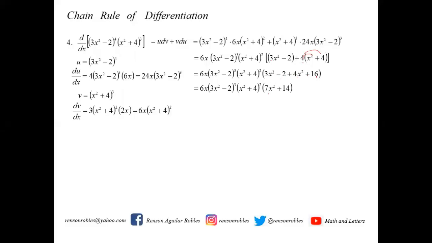Negative 2 plus 16 is 14. Yeah, that's 14. And then you can factor out 7 here. And then you multiply it to 6x. So finally, you shall have 42x times the quantity 3x squared minus 2 to the third power times x squared plus 4 to the second power times the quantity x squared plus 2.